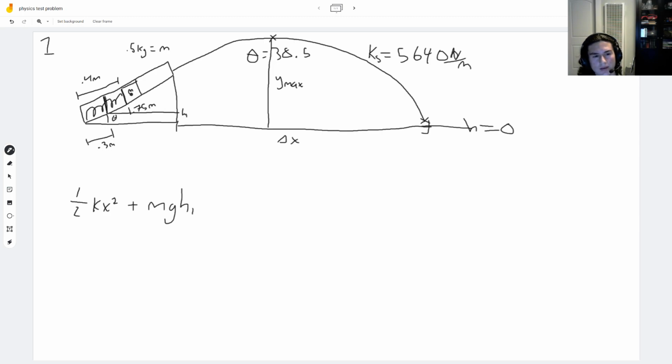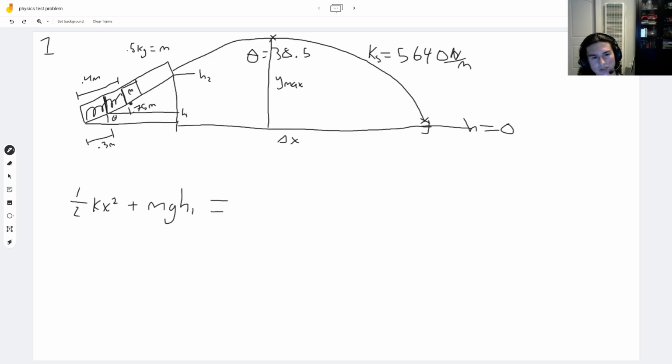Then we're going to try to find the velocity after it exits this barrel, so we can calculate how far it goes. We need the height at this point, which I'll label as height 2. When it's exiting the barrel, all of the spring energy has been used up, because the spring only travels back the opposite of how much it was compressed, and it stops accelerating the mass at this point.